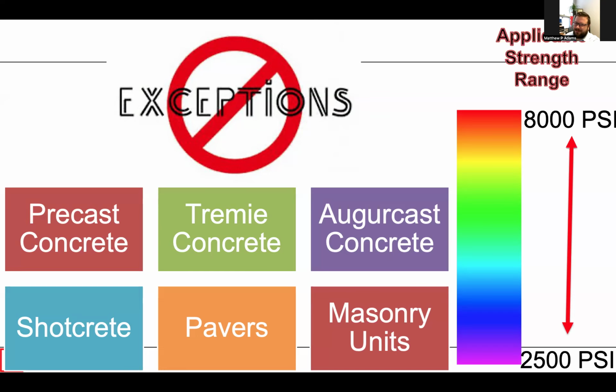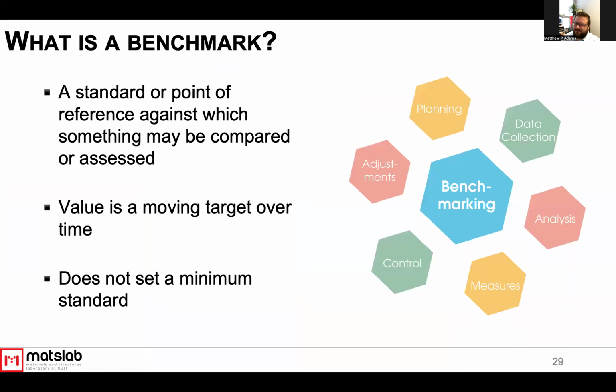And so this is going to be about 22 megapascals to 55 megapascals. We don't apply it to low strength and high strength concrete, again, because the data just isn't available there yet to set benchmarks. We're hoping in the next round we can start to require that as more data becomes available for benchmarking.